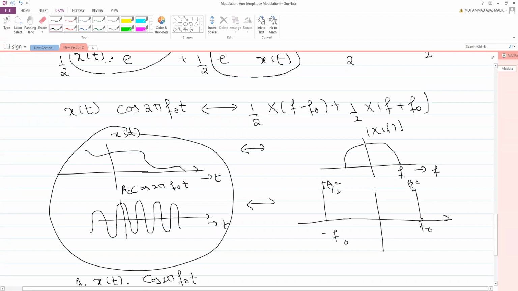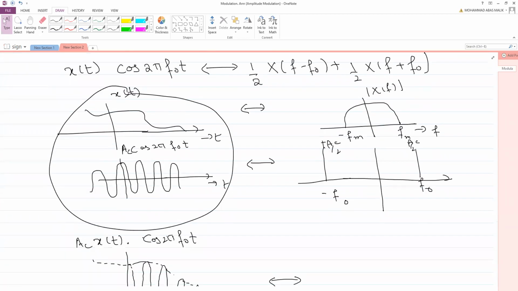Suppose this is the highest value, fm, and this is minus fm. Then you will see that this value at 0 will be shifted towards the right by f naught and towards the left by f naught. So ultimately, what is the value you will get here after modulation?